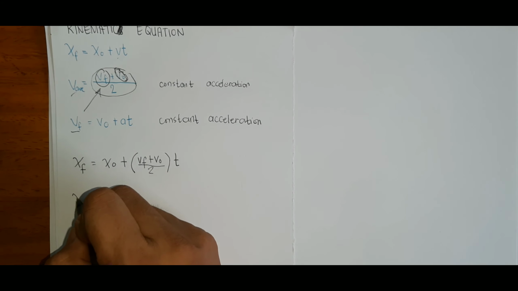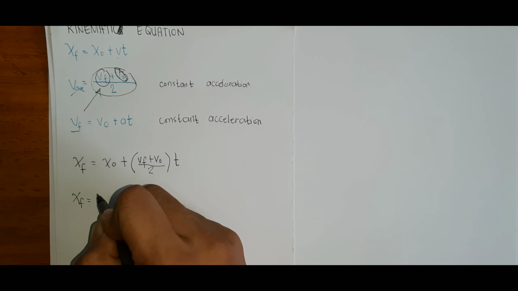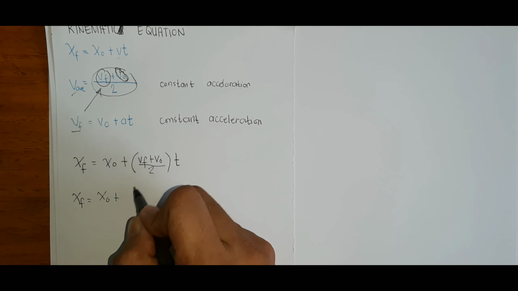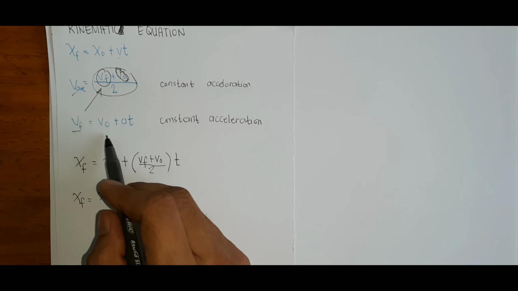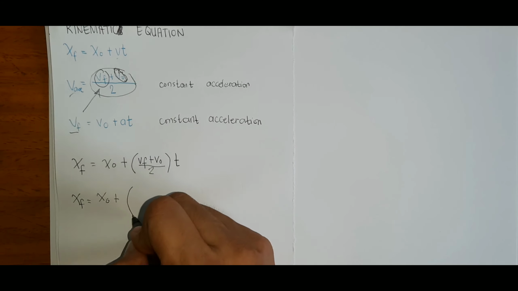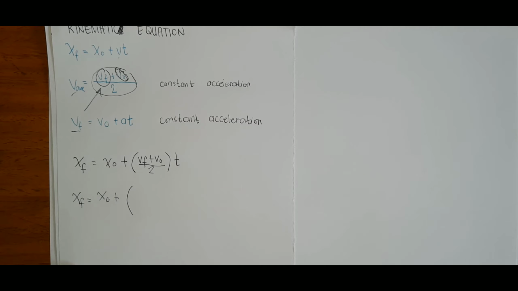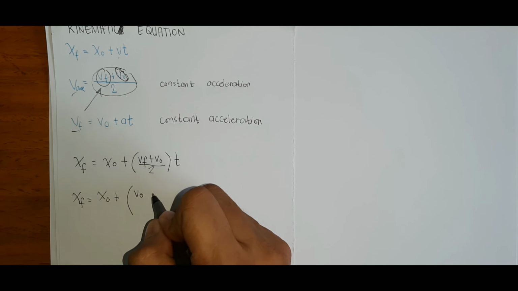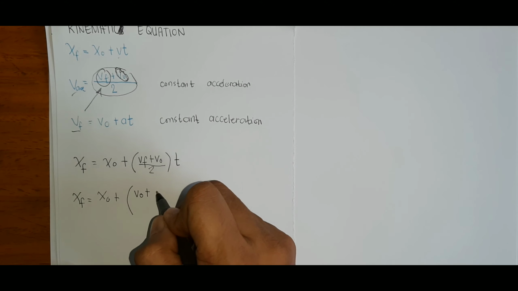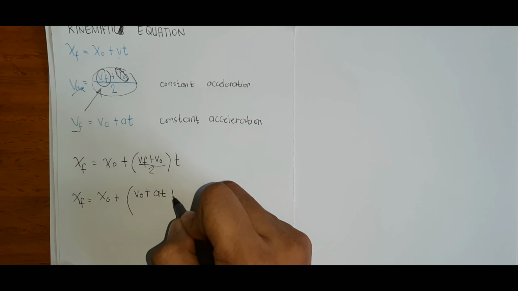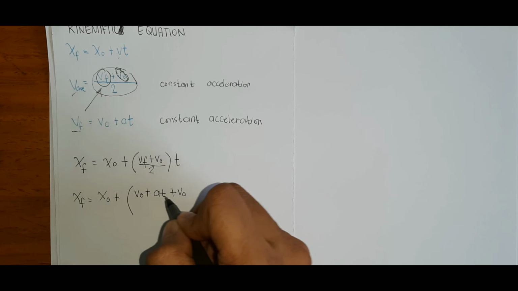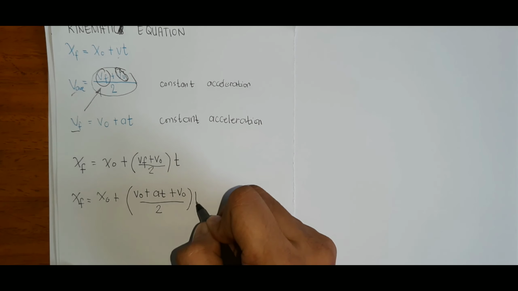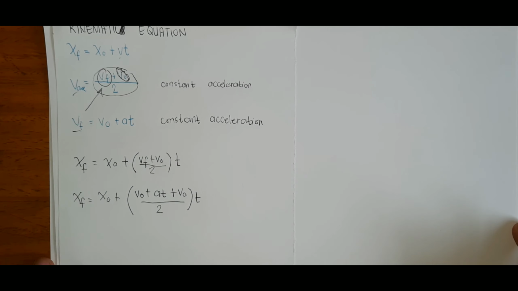So you can say xf is equal to x sub o plus, again, your vf can be represented by this one. Instead of using vf plus vo directly, you can represent vf by vo plus at, plus vo, over 2, times t.